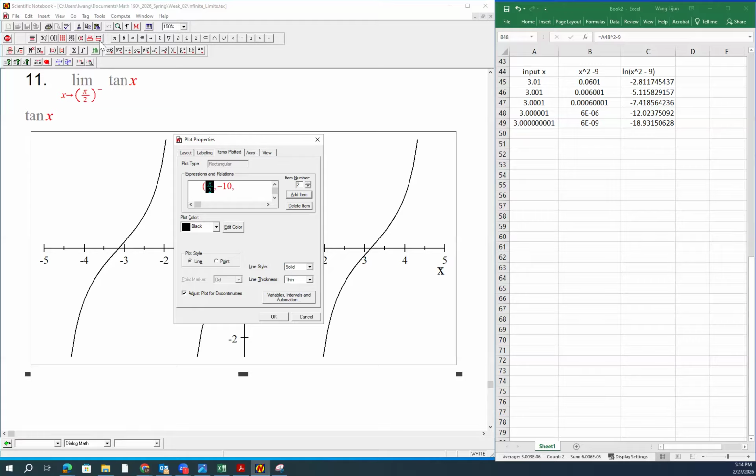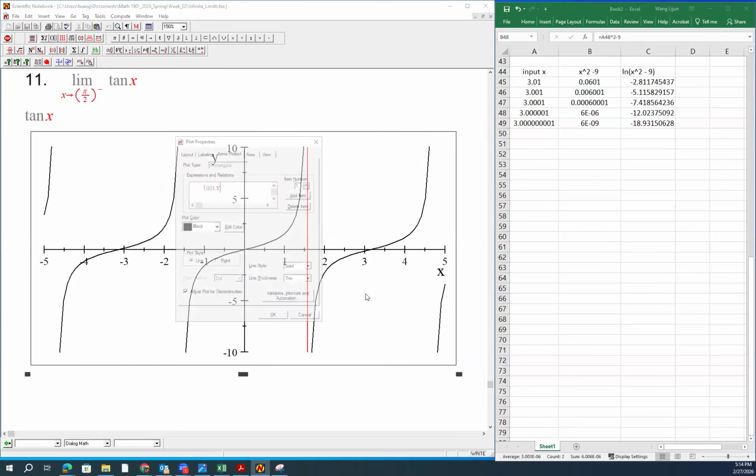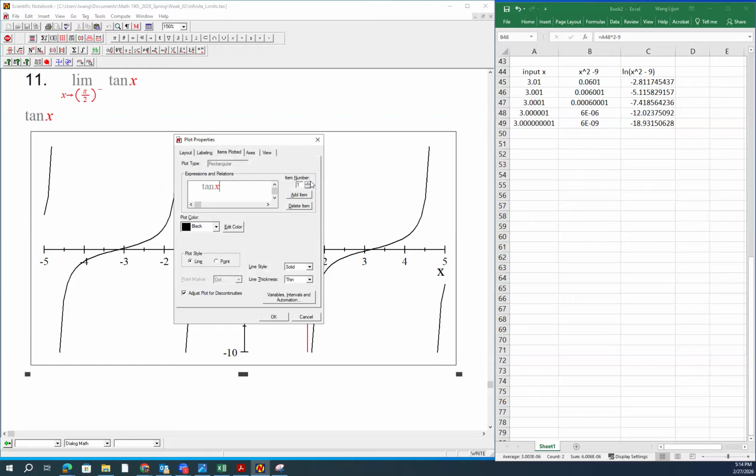Which color? Let me use green. Actually, red is probably more reflective of the nature. Oh, sorry, there should be a broken line. I want it to be a broken line.